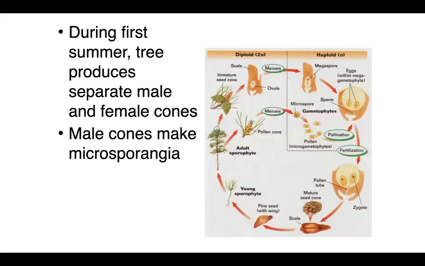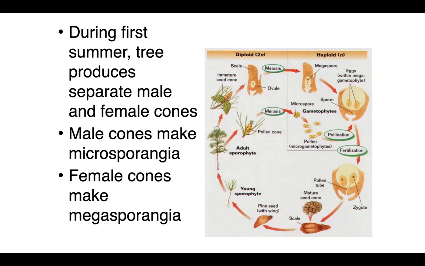During the summer, the tree produces separate male and female cones. Remember, as I said, the male cones are small and they are grouped together. Male cones are going to make microsporangia and female cones make megasporangia. So we are here at an adult sporophyte.